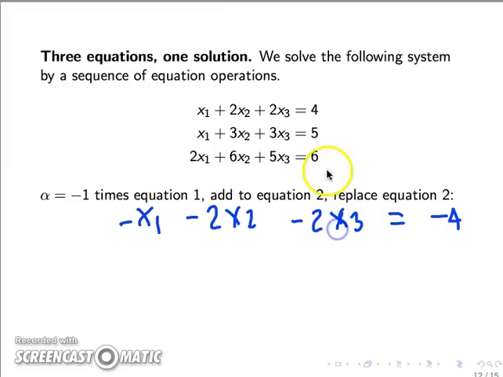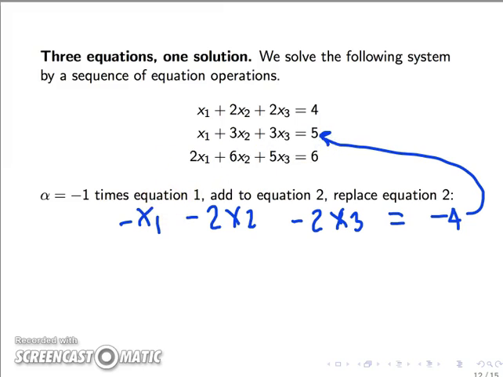So we're doing that multiplication across the board. We're multiplying every single term on the first equation by -1, and what we want to do next is take that new equation and add that to the second equation, okay?